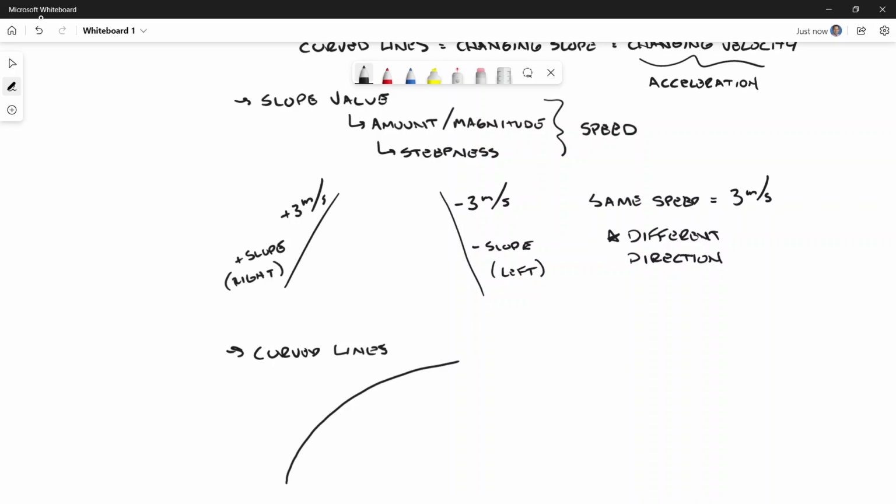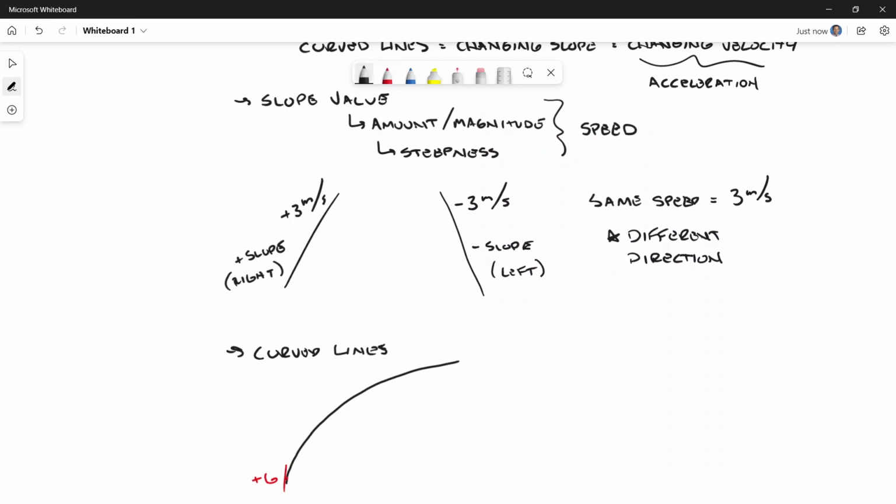Its slope is changing, and we can look at the slope at any given point. We call that a tangent line. At this point, there might be a slope that's really steep. Let's say it's positive 6. It might be the value, depending on how we are measuring certain things, but it's going to be a positive slope.